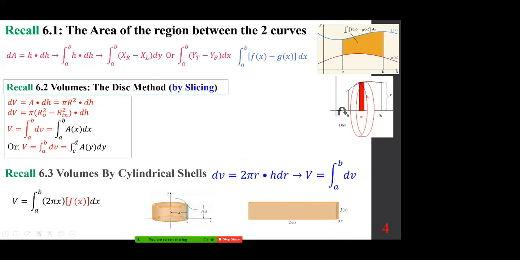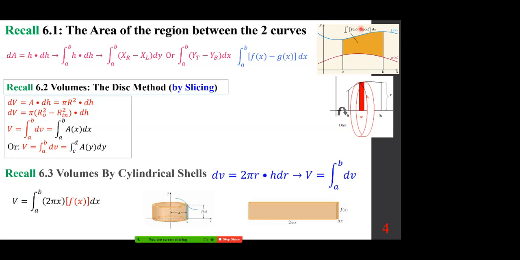Okay, so this is the synopsis of what you need to know. We looked at the area of the region between two curves, and the way I approach it is very simple. I would write an increment of an area as h times dh.